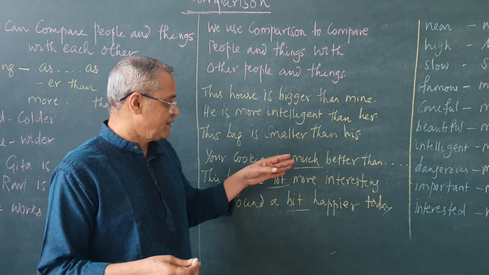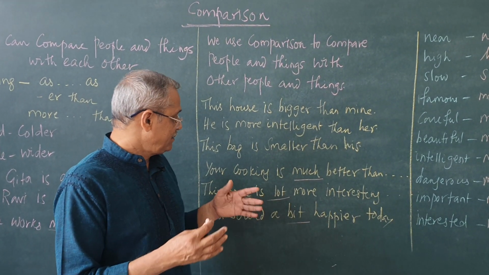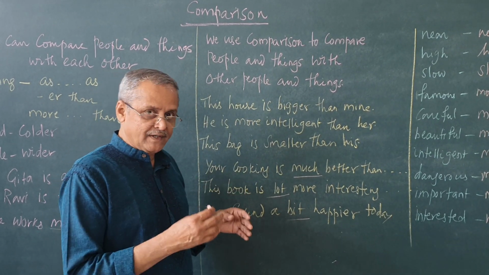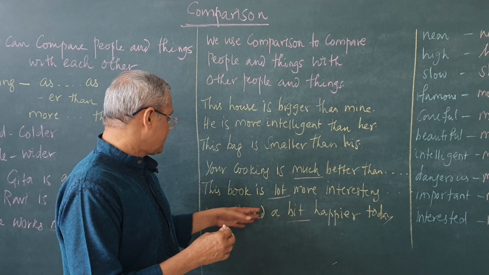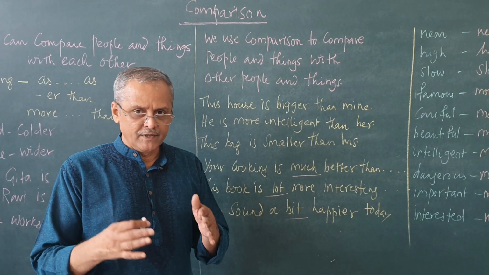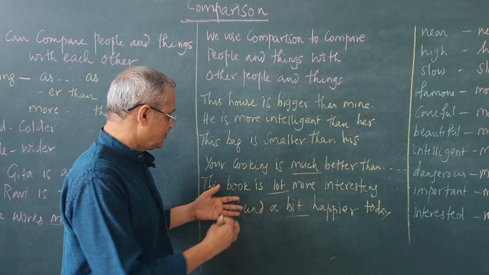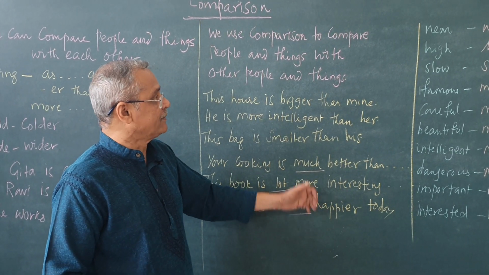So, your cooking is much better than, he plays much better than, he plays much more carefully than somebody, and this book is a lot more interesting, this book is a lot more boring, you sound a bit happier today, you sound a bit morose today, you sound a bit low today, like that. So, whenever a bit comes also, the comparative degree should come here.